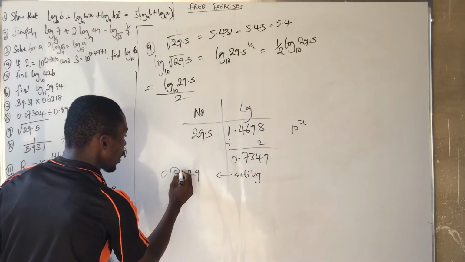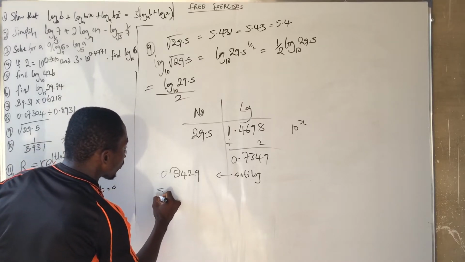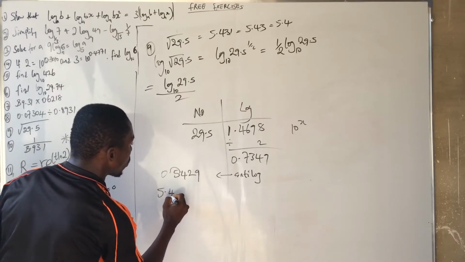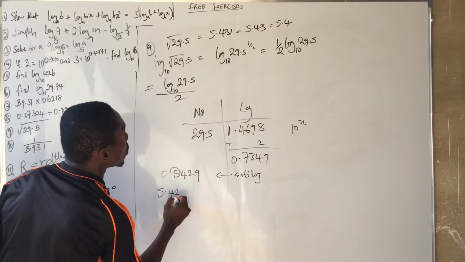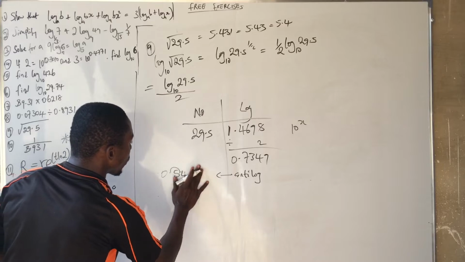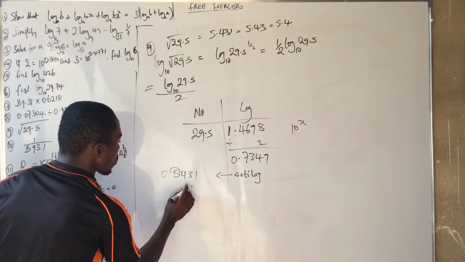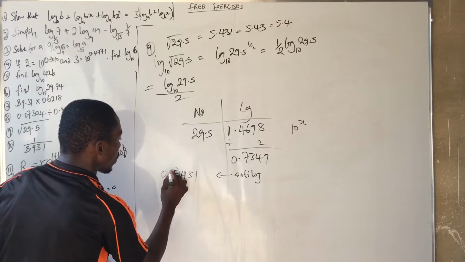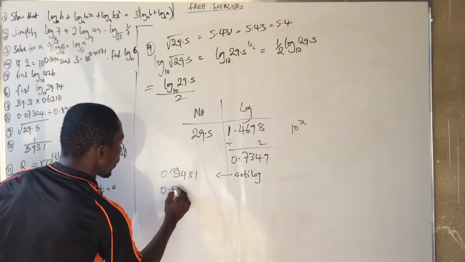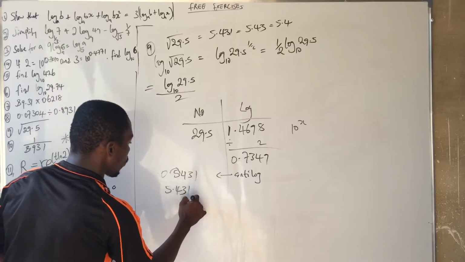So anything is multiplied by 10, and I'm going to have 5.42. I made a mistake. It's going to give me 5.431.